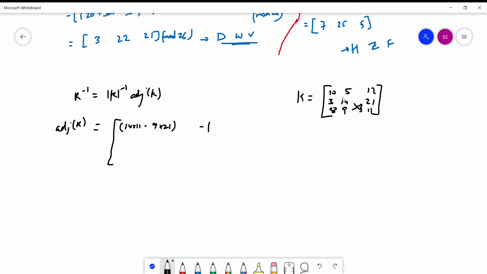So for 5 it is 3 into 11 minus 8 into 21. Okay, and similarly third term will be for 12, it's 3 into 9 minus 8 into 14.